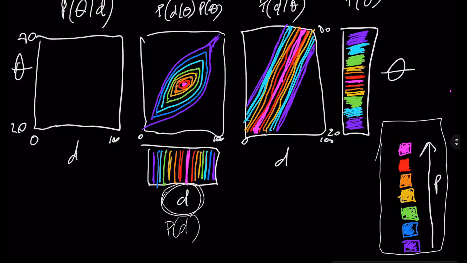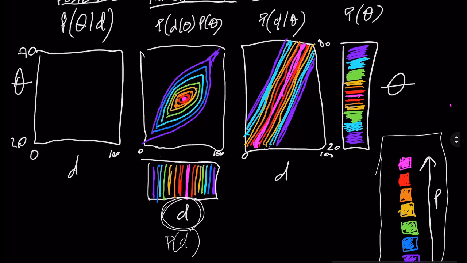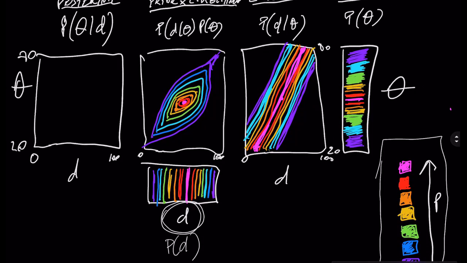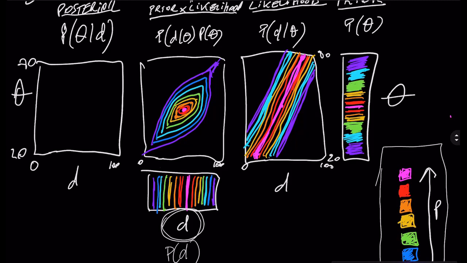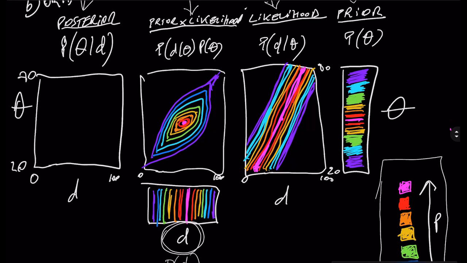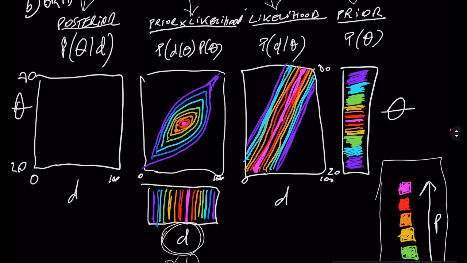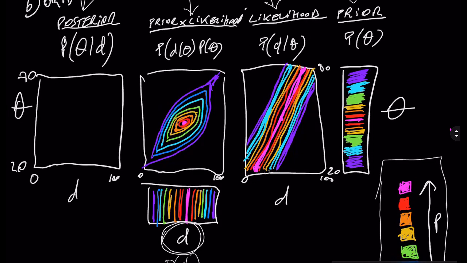So probability of the data given theta is independent of the prior. So it has nothing to do with the prior. If theta is a value of 80, then what values are expected in the data? Well, the values that are close to 80 are more likely, and values that are away from 80 are less likely. And that is for every possible value of theta.